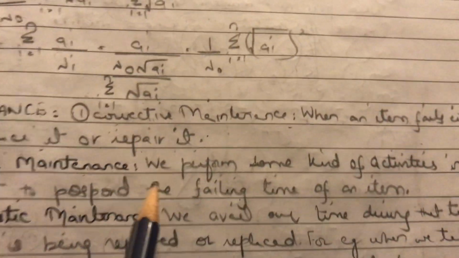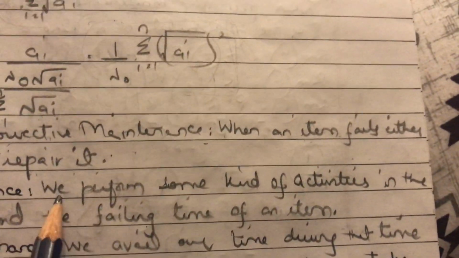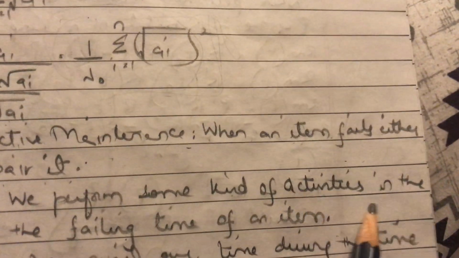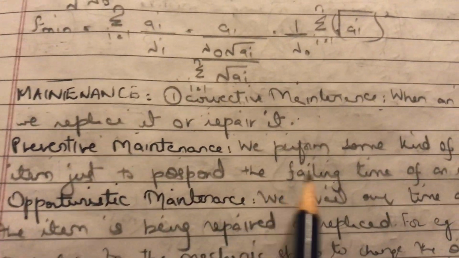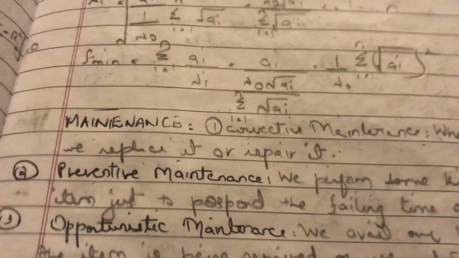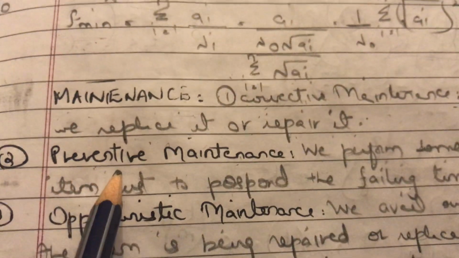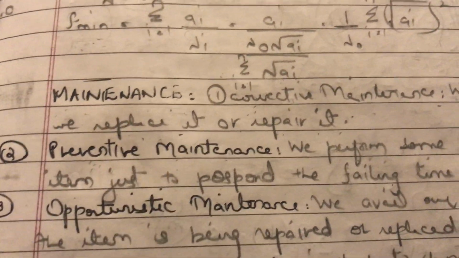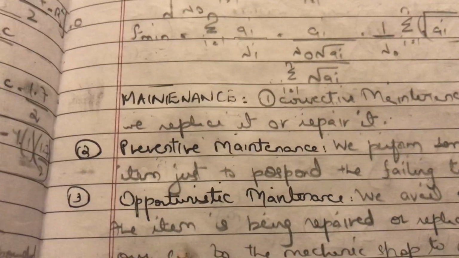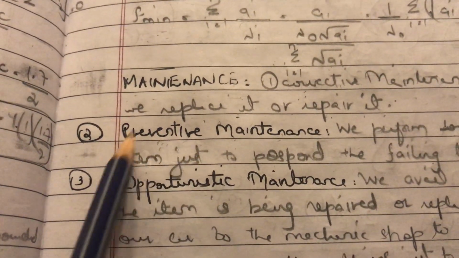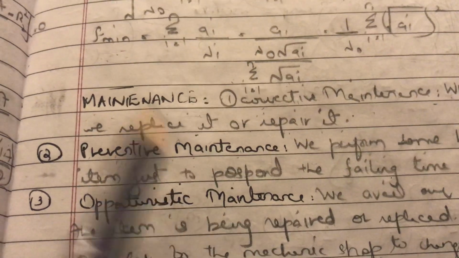Preventive maintenance is basically where we perform some kind of activities on the item just to postpone its failure time. Preventive maintenance is basically prevention. We say that prevention is better than cure. The same meaning applies here.